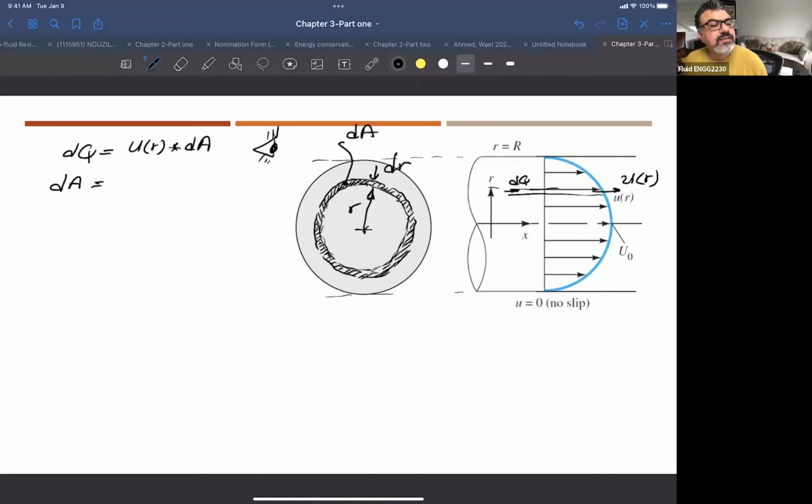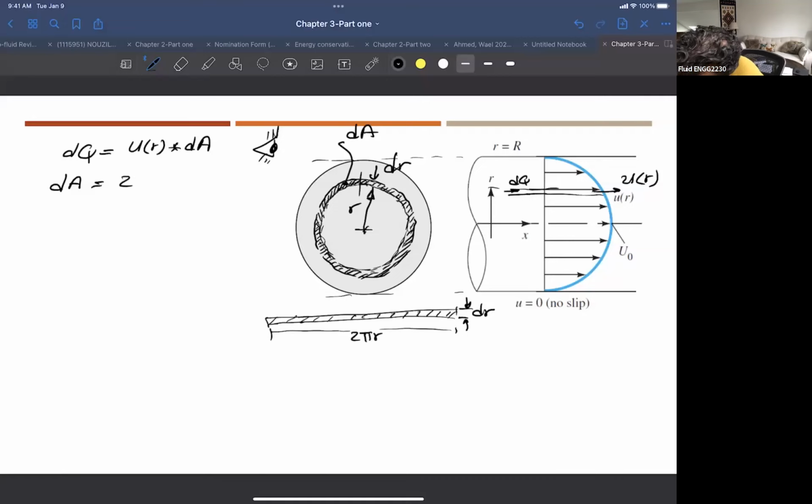So how can I get this 2 pi r dr? Basically, if you take this element and cut it, it will be a long strip like this. This is dr, and the distance here is the circumference, which is 2 pi r.